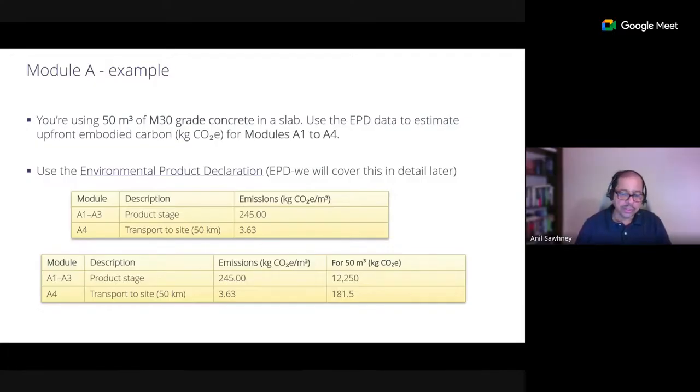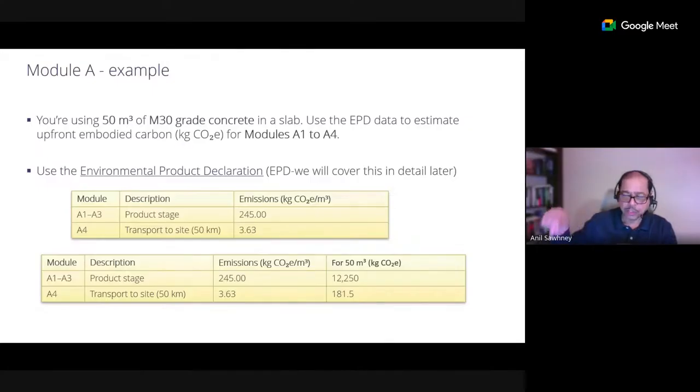In this instance, because this product, which is ready mix concrete of a given grade, it's not too difficult to find the EPD. Now, there could be a situation like in India, EPDs are not plant specific generally, I think. In the US, you can actually search for a plant, maybe 10 miles from where I am right now.